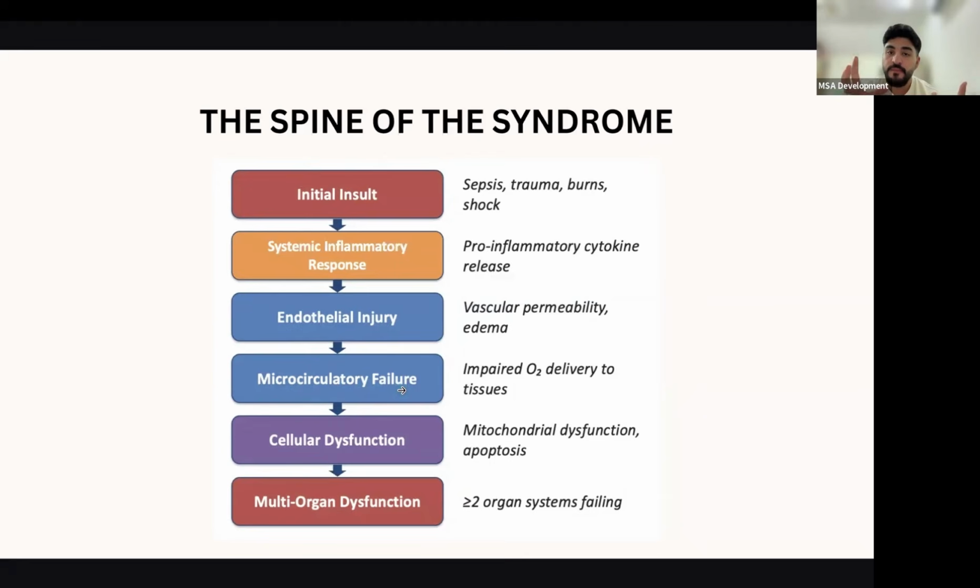Because with this edema and increased vascular permeability, you're going to have impaired oxygen delivery to tissues that require oxygen. Then, because now you're in an ischemic situation, you're going to have cellular dysfunction. Your mitochondria will start to fail. Your cells are going to start having apoptosis, and you're going to reach this multi-organ dysfunction. Again, the cutoff is 2 organs, 2 or more.